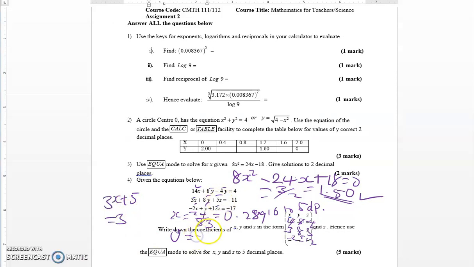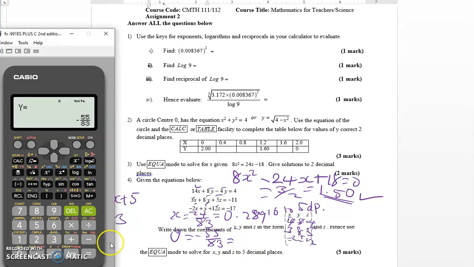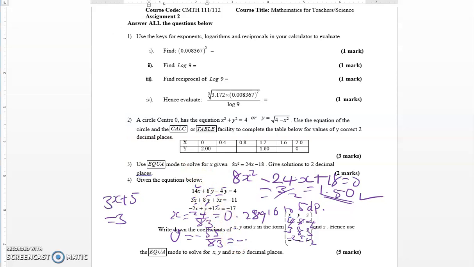Standardize that, and you will get negative 0.66265 to 5 decimal places.